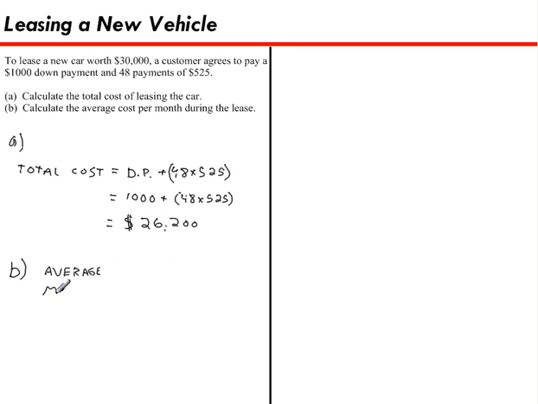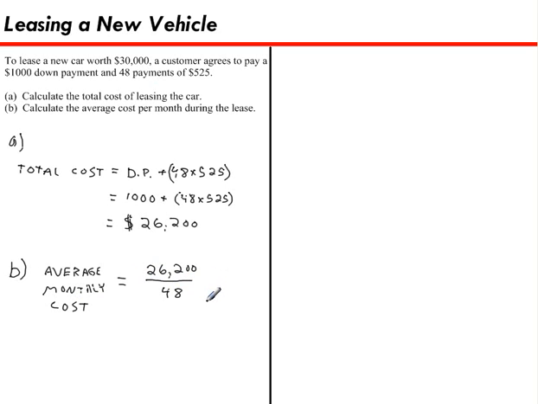When we say that the average monthly cost is going to be equal to the total cost, which was $26,200, divided by how many payments are we making? Well, it's given as 48 in the question.